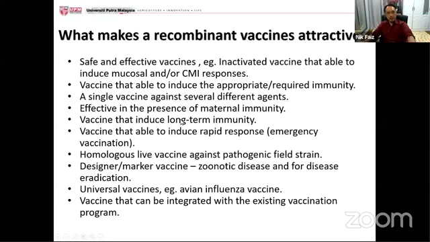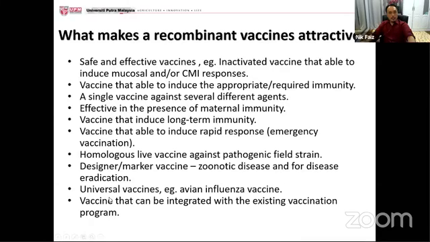And effective in the presence of maternal antibody, vaccines that induce long-term immunity, vaccines that are able to induce rapid response, especially if you are in an emergency situation, there's an outbreak coming in near you. Homologous live vaccines against pathogenic field strains, or designer vaccines, marker vaccines, for zoonotic diseases and for disease eradication.